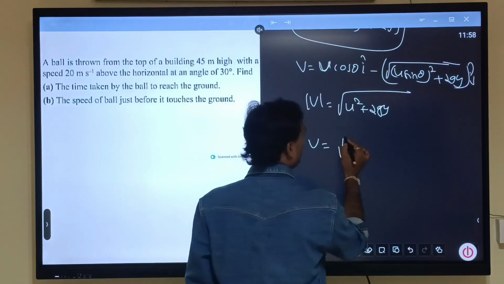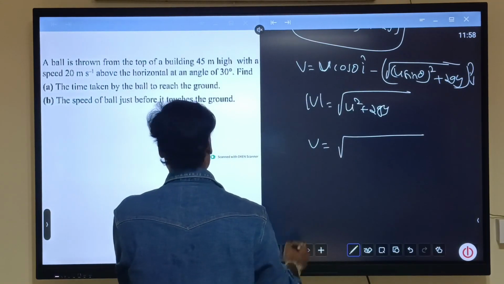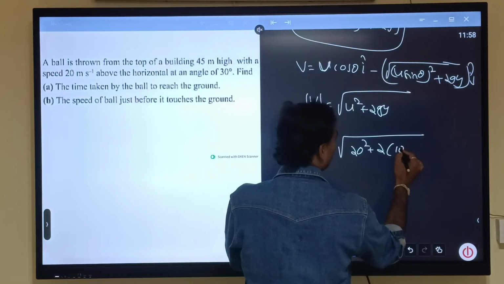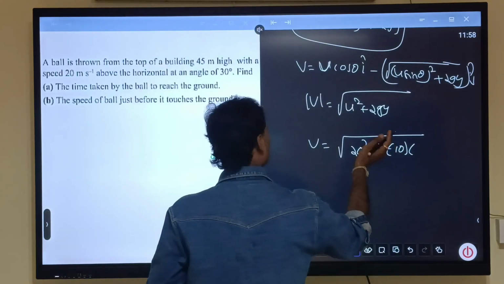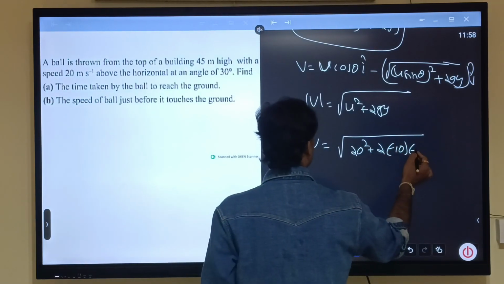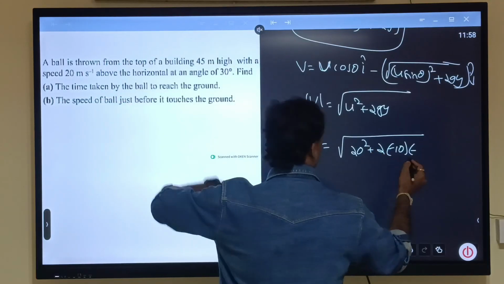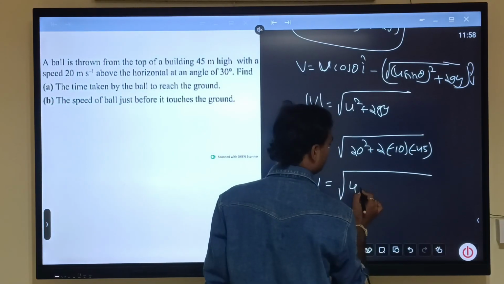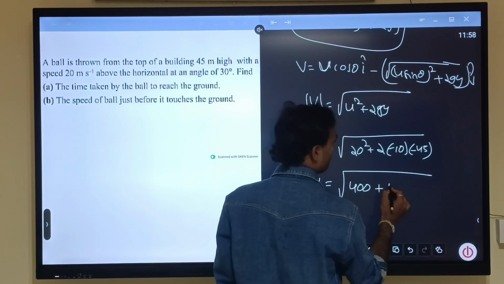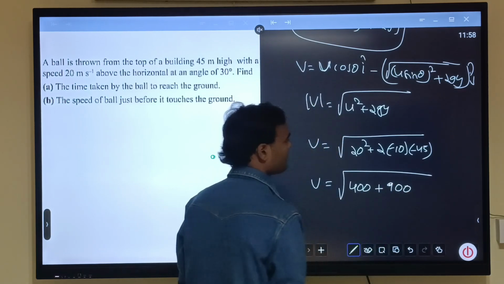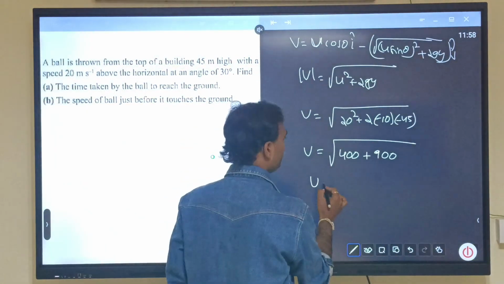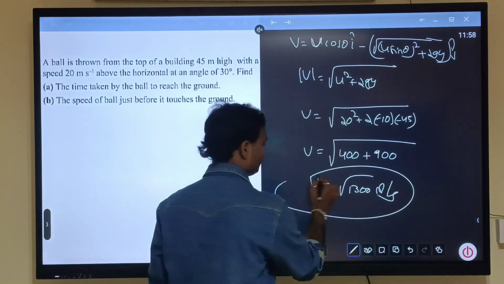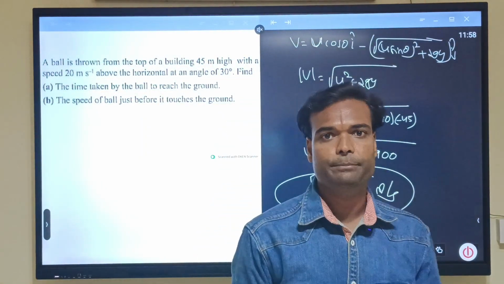So V equals under root of u value 20 square plus 2 into 10, the y value, otherwise you can write minus 10 also, and the height value is 45, which equals 400 plus 900, right? Then V equals under root of 1300 meters per second, right?